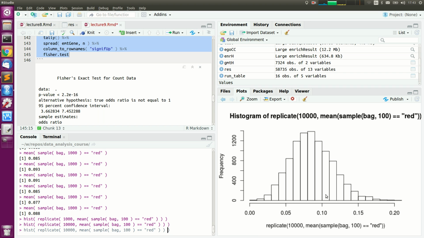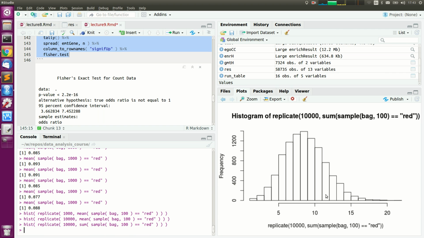So maybe I shouldn't use a mean, but I should have used a sum here, so that you can see the average is 10, but actually it's a bit less than 10. It's maybe because I've made a slight mistake. When you take 100 balls out of my bag with only 11,000 balls, it's not enough.